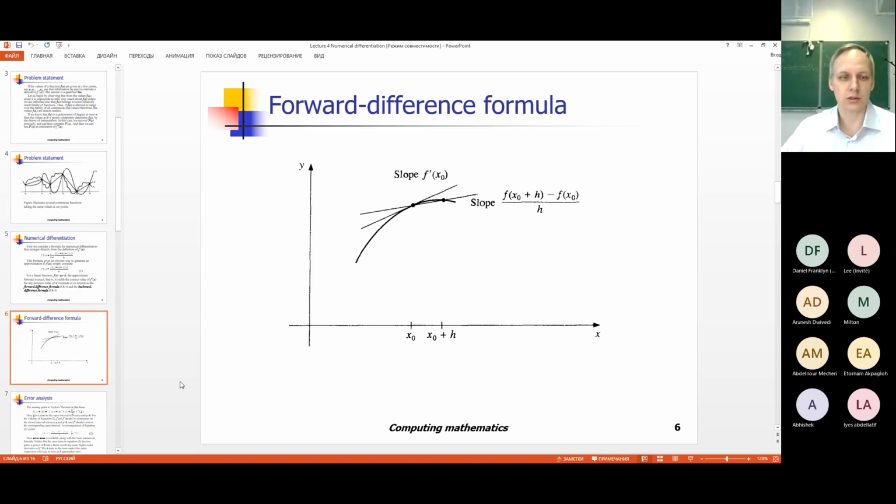Suppose that x0 is a point where we compute the derivative, and f prime of x0 is the real value of the derivative, which corresponds to the slope of the tangent line. This is a tangent line, and its slope equals f prime of x0.